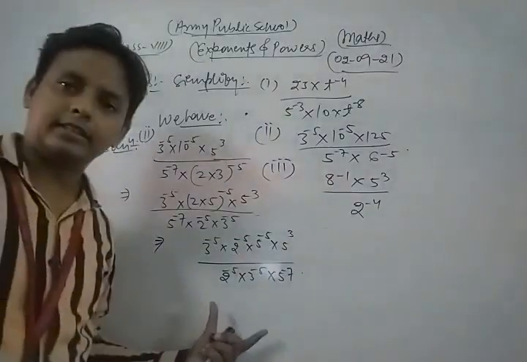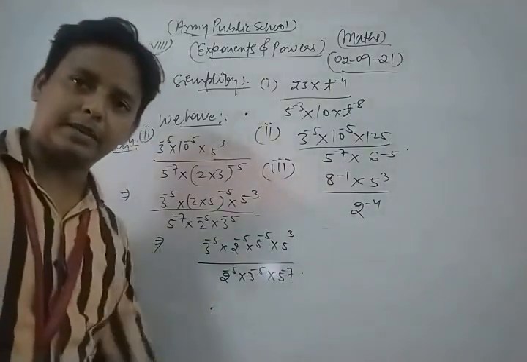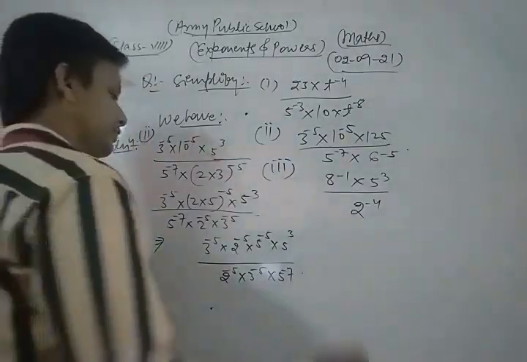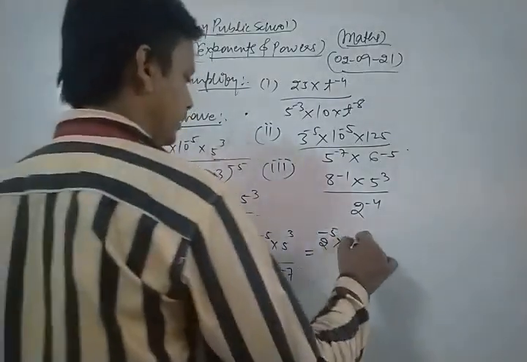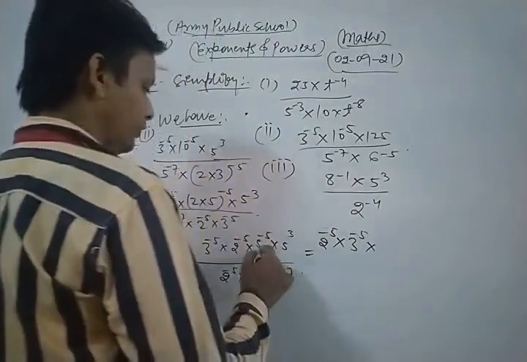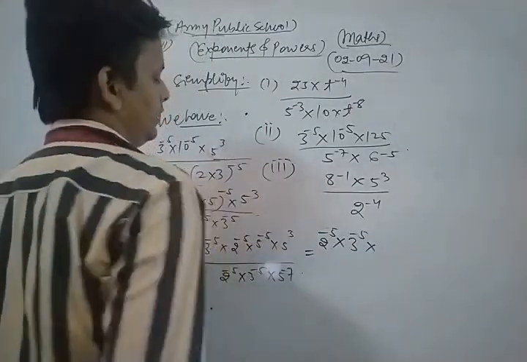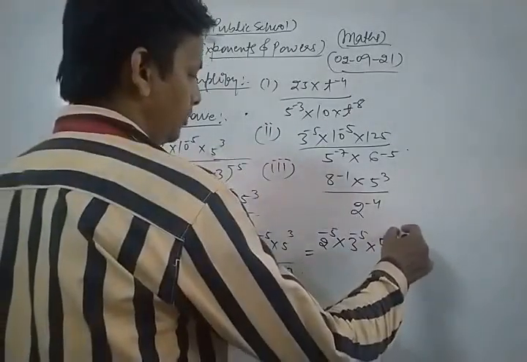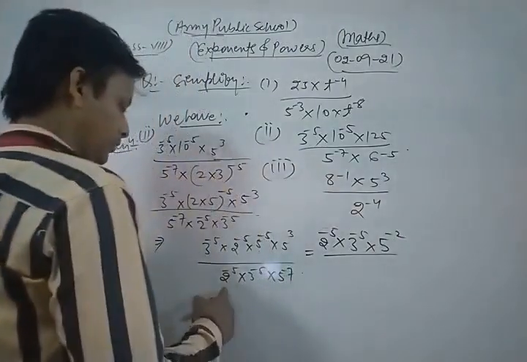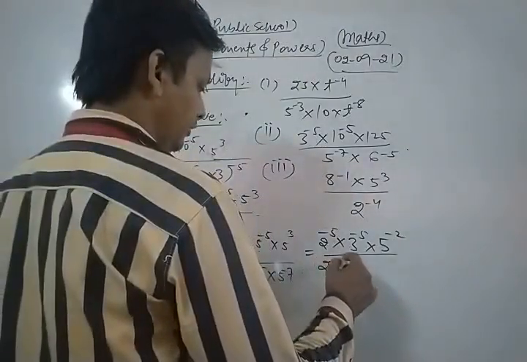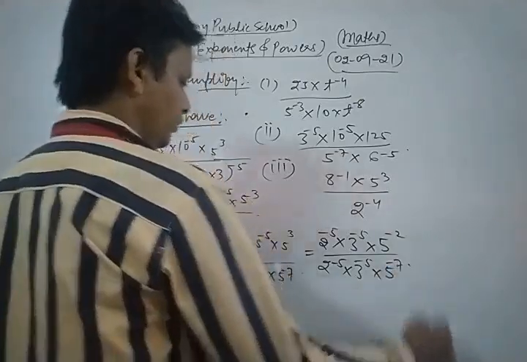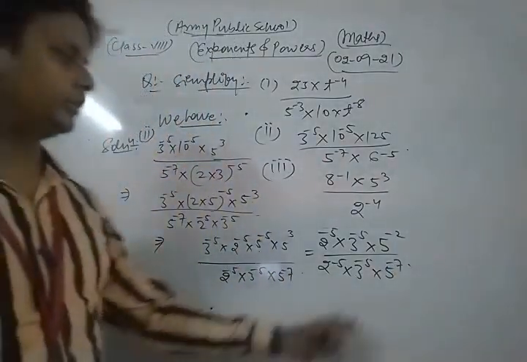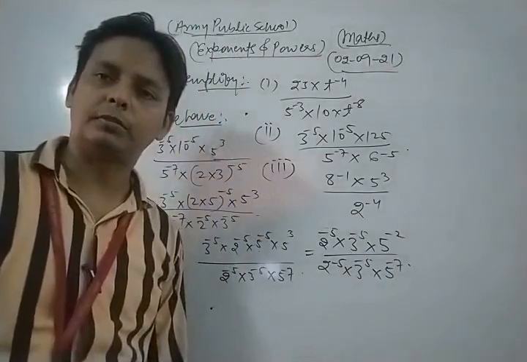Now we collect the numbers which have the same base, so we write 2 power minus 5 as it is, 3 power minus 5 as it is, into 5 power minus 5 plus 3, that is minus 2. So 5 power minus 2 is left here upon 2 power minus 5 into 3 power minus 5 into 5 power minus 7.